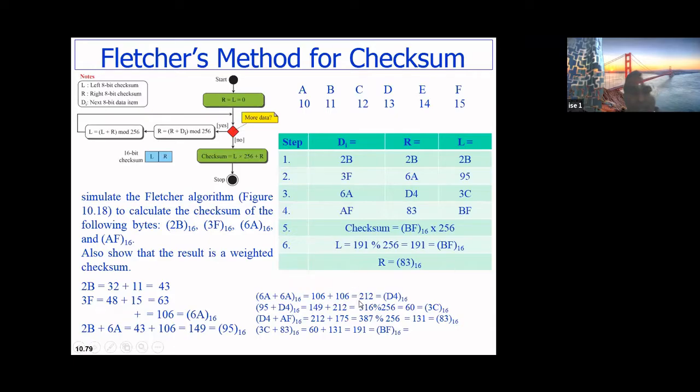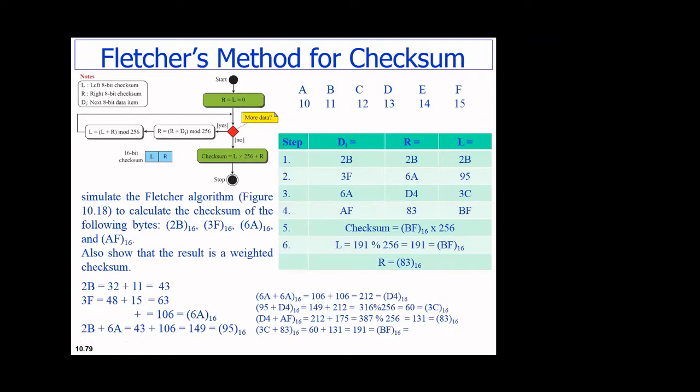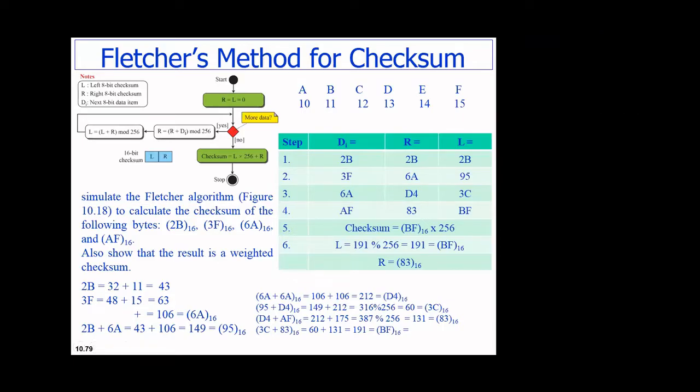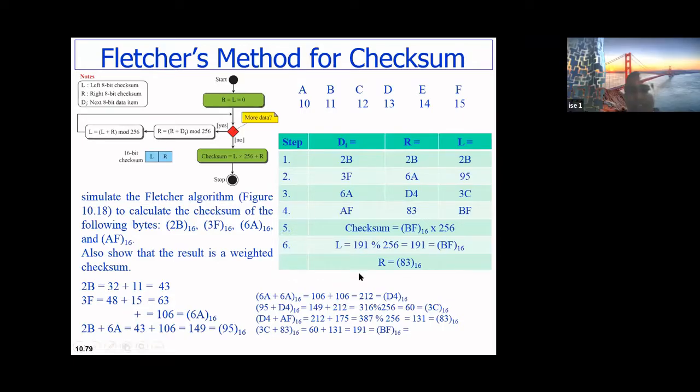Now 212 has to be converted into base 16. 212 divided by 16, how many times will it go? 13 times. So 13 is nothing but D. See here, I am showing 13 is nothing but D, so I have written it as D. What is the remainder? 4. So 212 has been converted into D4.